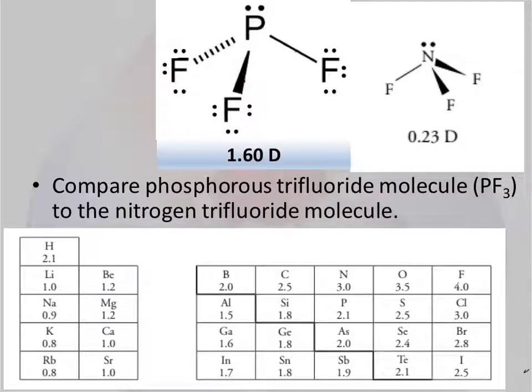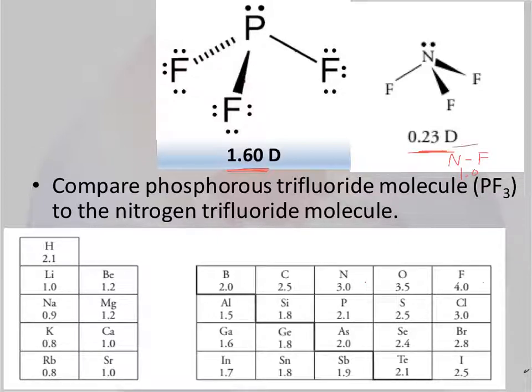All right, now here you see that you have the phosphorus trifluoride molecule and the nitrogen trifluoride molecule. And you see that they have a dipole moment of 0.23 and 1.6. So we want to try to figure out why, okay? So between nitrogen and fluorine, you see we have an electronegativity difference of 1.0.